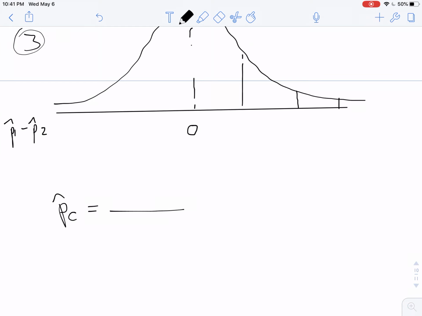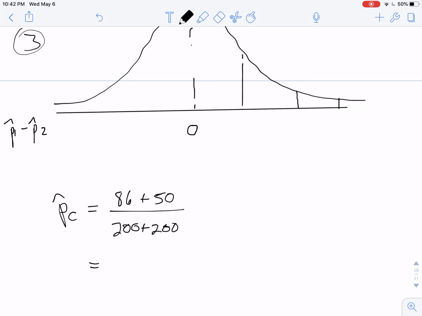I know that I'm going to have two samples of 200, so now I'm going to divide by 400, and then the top again is x1 plus x2. It's the number of successes divided by the sample size that gives you your sample proportion. So for 0.43, it was 86 out of 200, and 50 out of 200 gives me that 0.25.